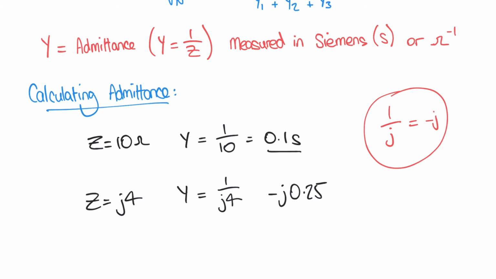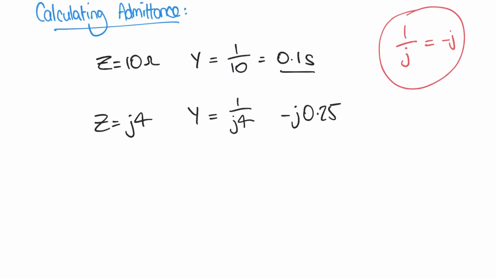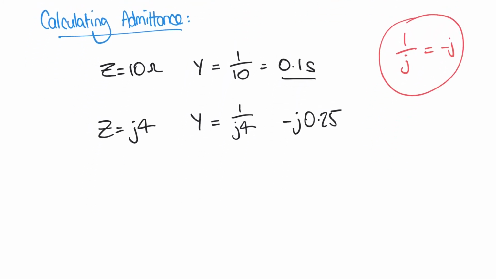Where things get slightly more awkward, unfortunately for us, is if our impedance is a complex number which consists of both real and reactive components. And that's going to be the case in our example, unfortunately. So let's say, for example, we have Z equals 10 plus j4 ohms. So it's a complex number now. We have a real component of 10.